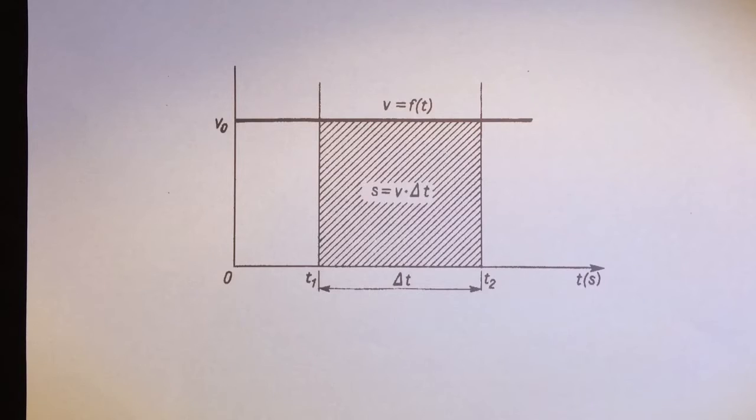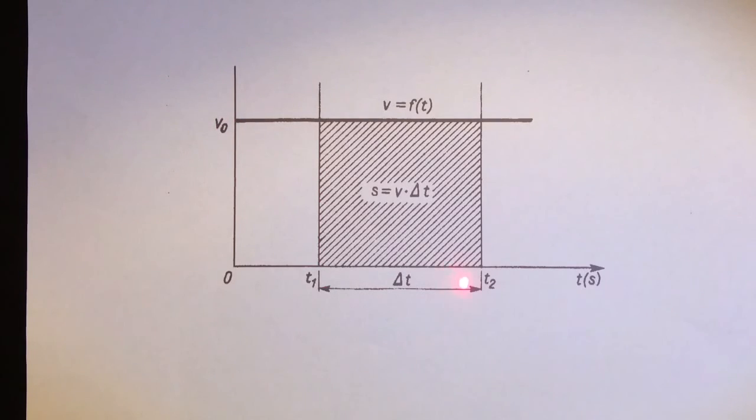What can we notice over here? This is a rectangle. If we want to calculate the area of this rectangle, we need to multiply side by side. But simultaneously, we know that this side is t2 minus t1, in other words, delta t. And this side is our v0, or in general v.